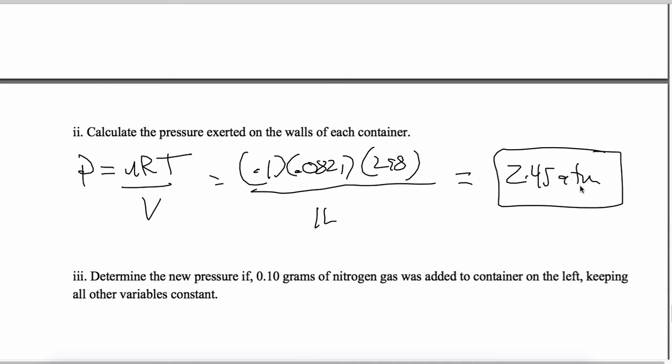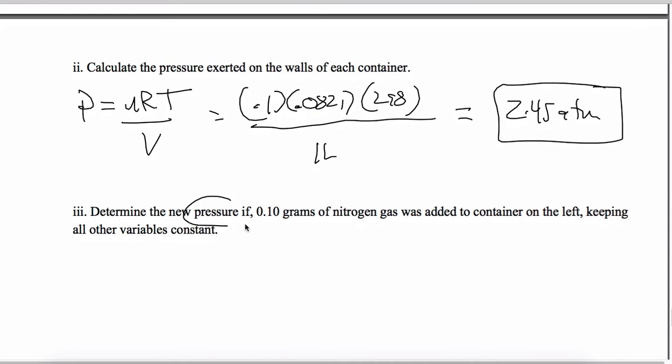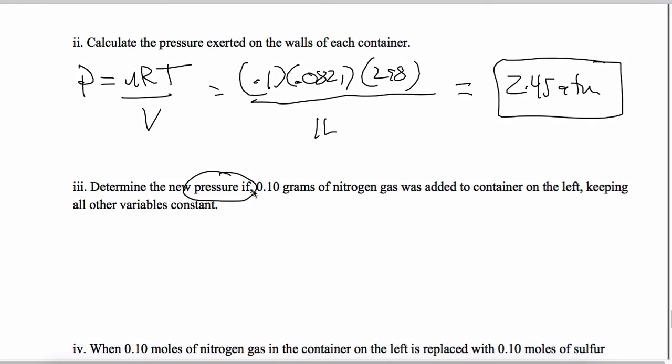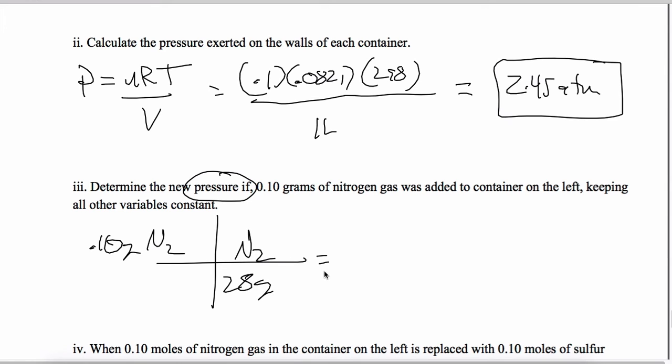Okay, determine the new pressure if 0.1 grams of nitrogen gas was added to the container on the left, keeping all other variables constant. So what we need to do is convert those 0.10 grams of nitrogen to moles. So 0.10 grams of nitrogen divided by 28 grams per mole equals what?